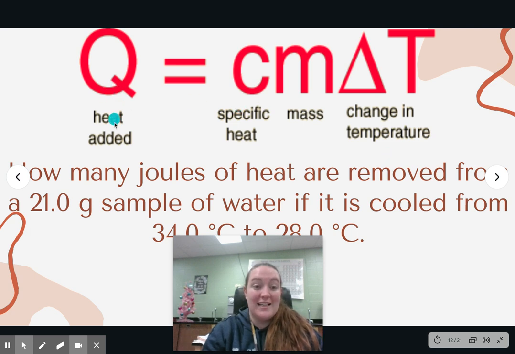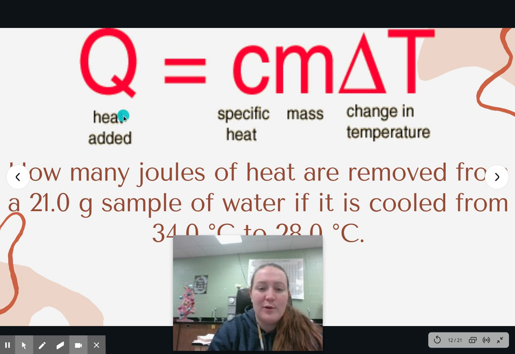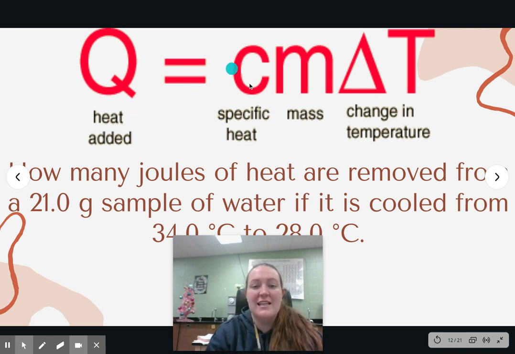The Q is the heat added. And isn't Q a weird one for that? It's because you can't really put heat, H, because that looks like hydrogen, right? You got to pick a weird one, which is Q, equals C, specific heat, because it is a constant. It doesn't change. Your mass, and then your change in temperature.